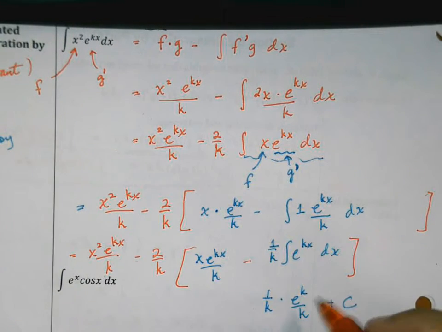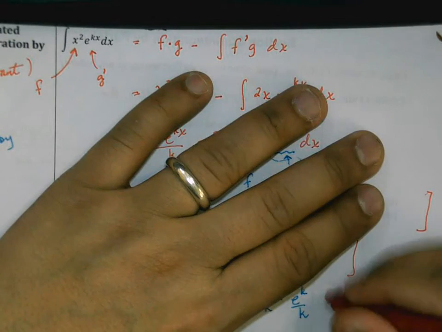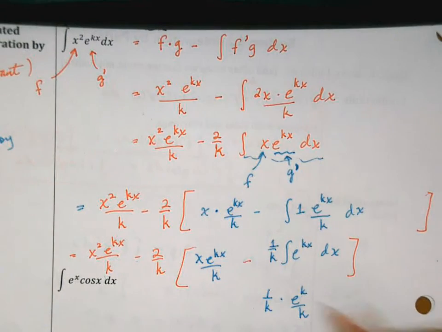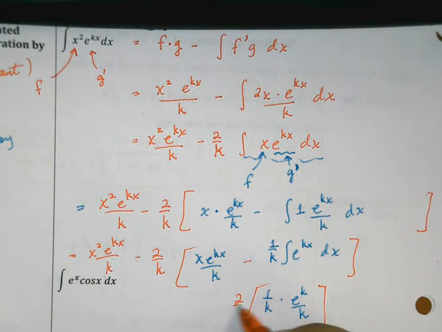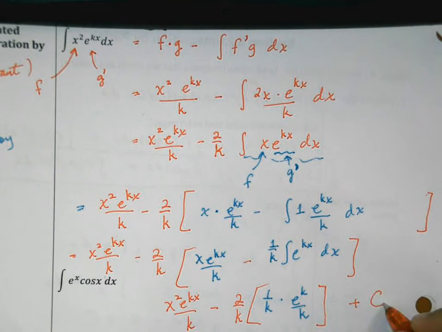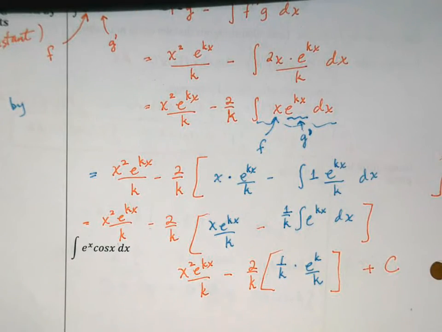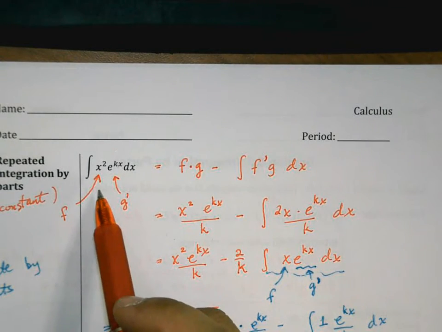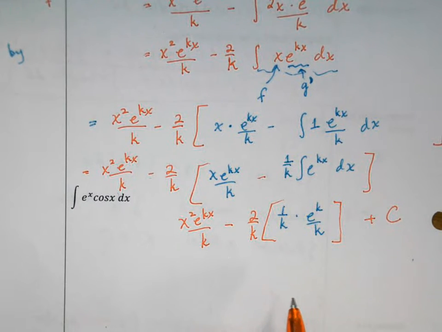This whole thing, I won't add the constant in yet, is supposed to get multiplied by 2 over k, minus x squared e to the kx over k, and then we can add our constant at the end. And this right here is the antiderivative of the original problem that we were asked to solve. Now this is a correct answer.